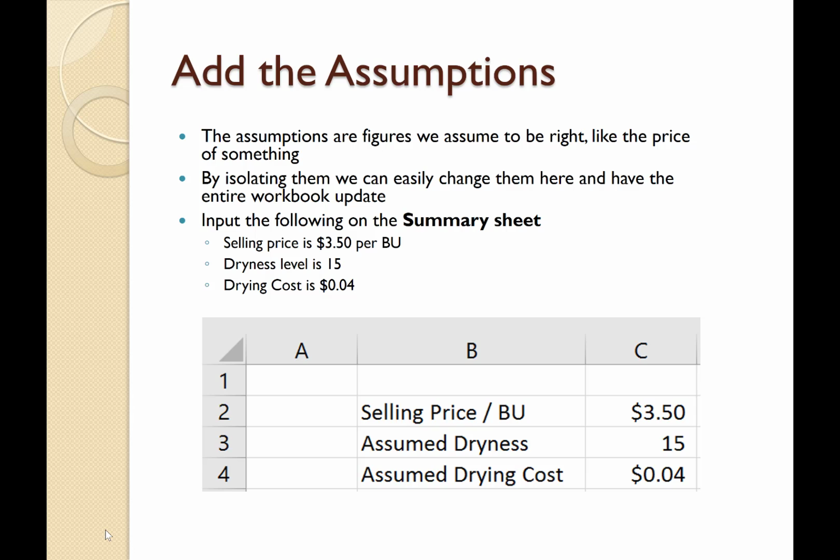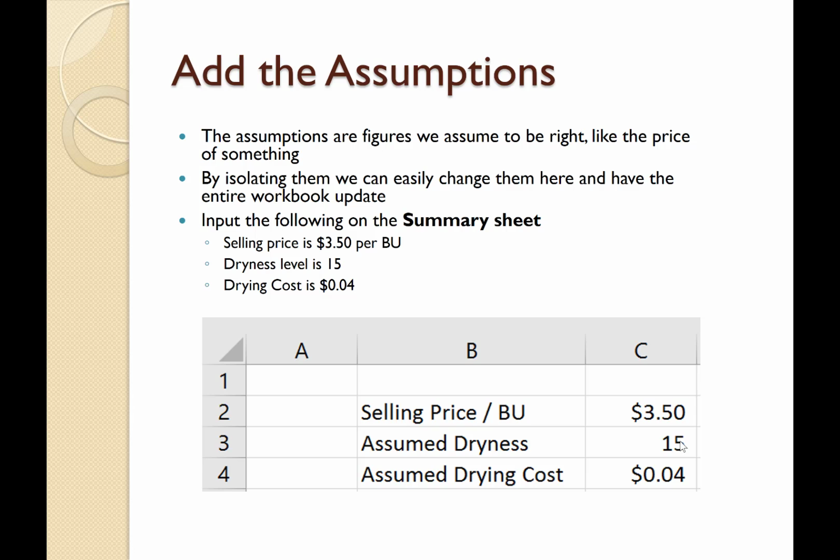Okay. So the next thing I want to do then is we're going to add the assumptions in. Those are those items that I said we're going to use on multiple formulas, but they could possibly change. Like you would expect the price per bushel of something to change, probably every day. We can also maybe have different assumed dryness rates. What we're talking about here is we're going to be dealing with corn, and they expect it to come with 15% moisture in it.